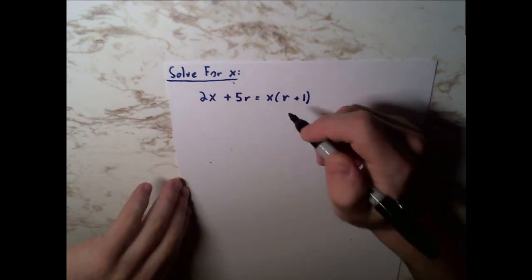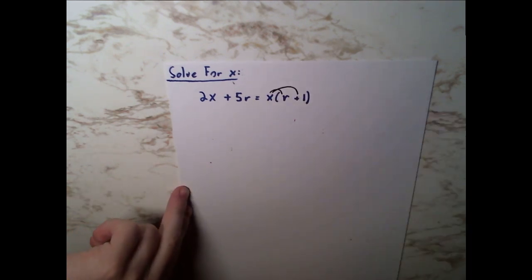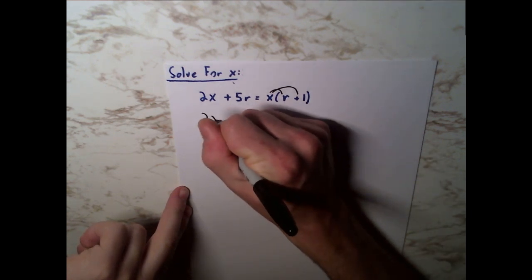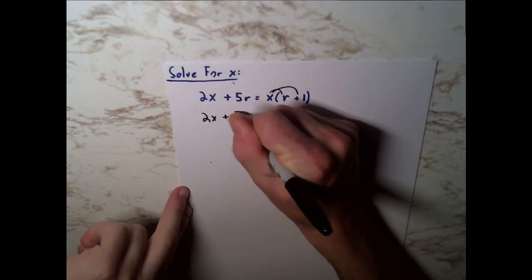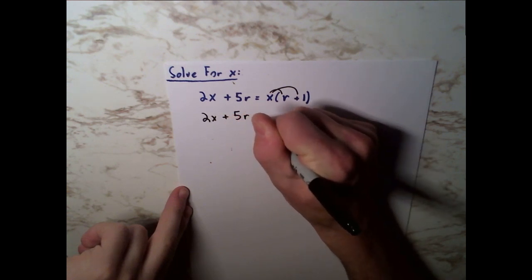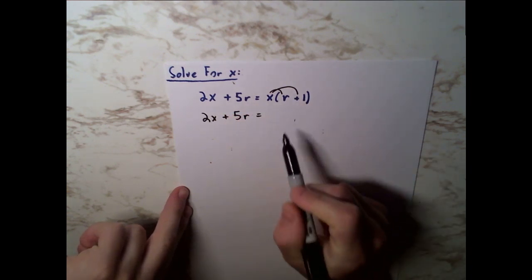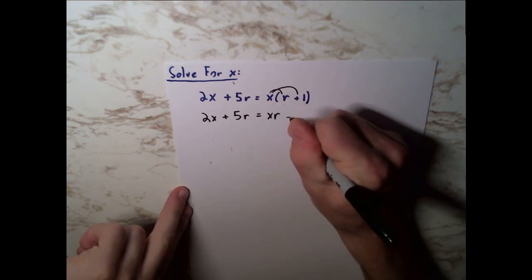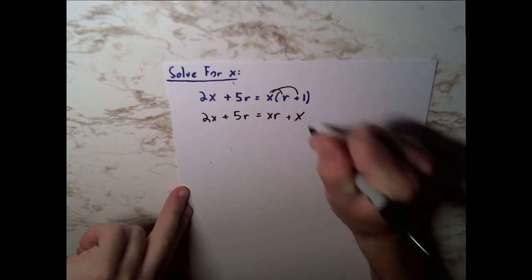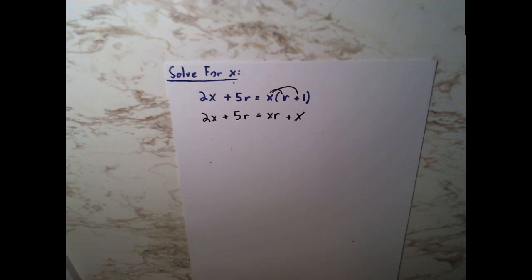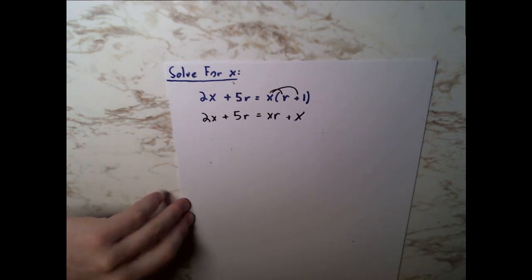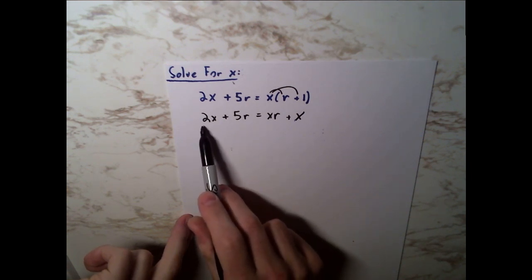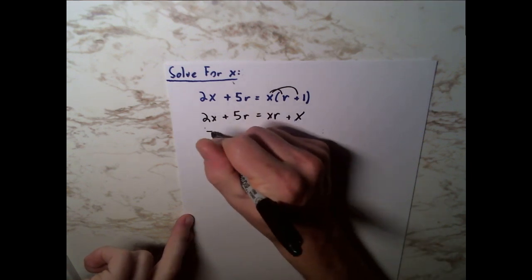So if we do that, this x is going to distribute to both of these terms here. So we have 2x plus 5r equals x times r, and then plus x times 1, which is just x. And then I want to get all my x's on one side of the equation, so I'll subtract this 2x.